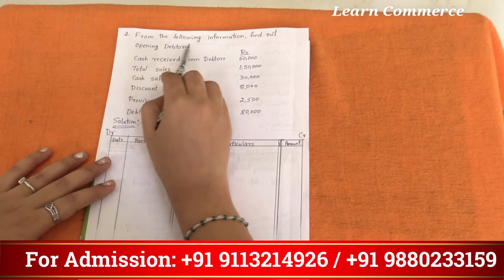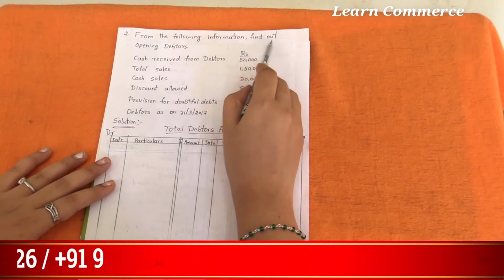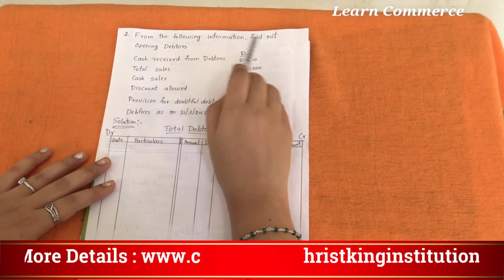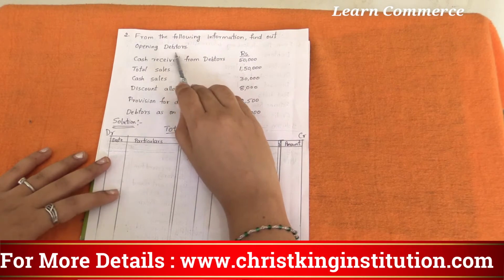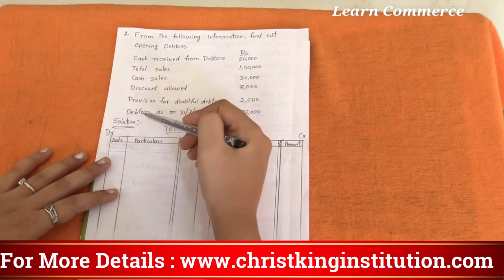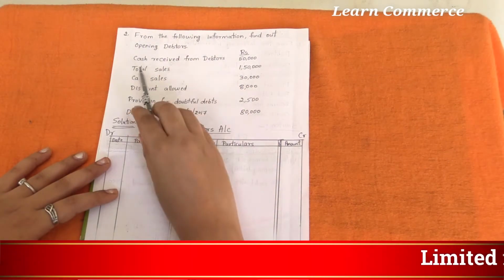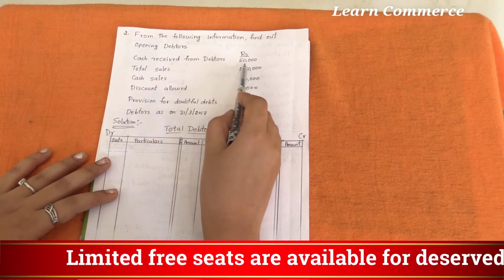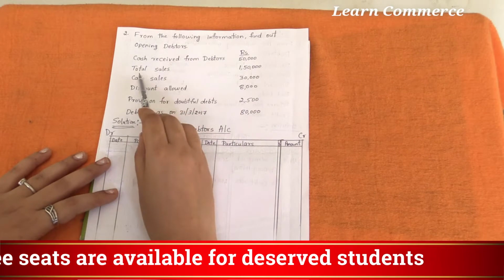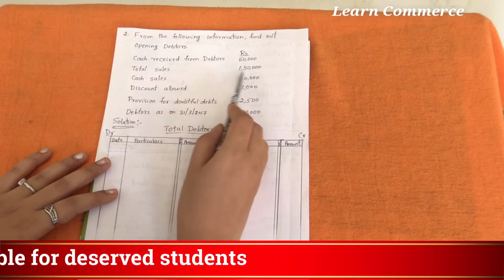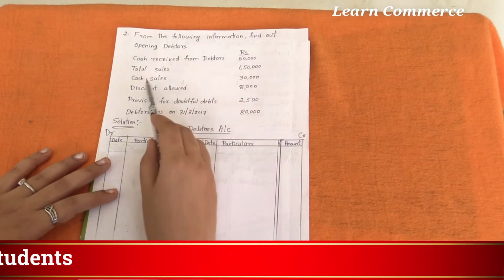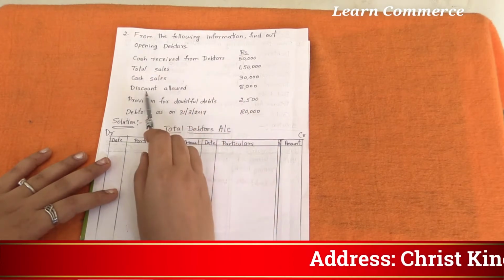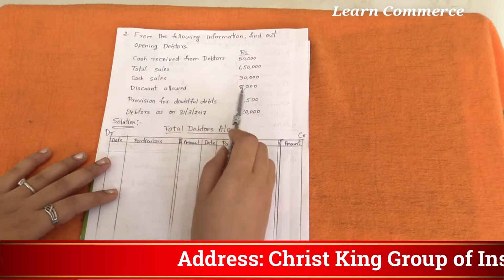Understood? Yes. Okay, next. Second problem. From the following information, find out opening debtors. Here they ask you to find out opening debtors. Okay. Then let's see the information given in the problem one by one. Cash received from debtors rupees 50,000. Then total sales 1,50,000. Cash sales 30,000. Discount allowed 8,000.